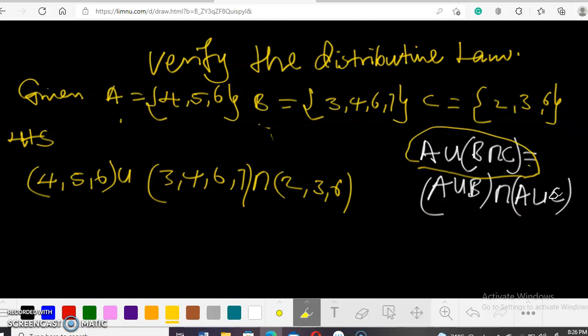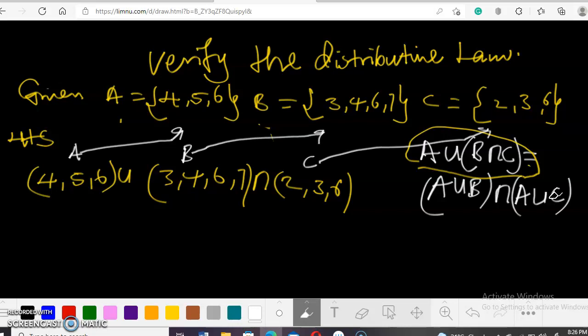Let us rename it for clarification. This is our set A, this is our set B, and this is our set C.